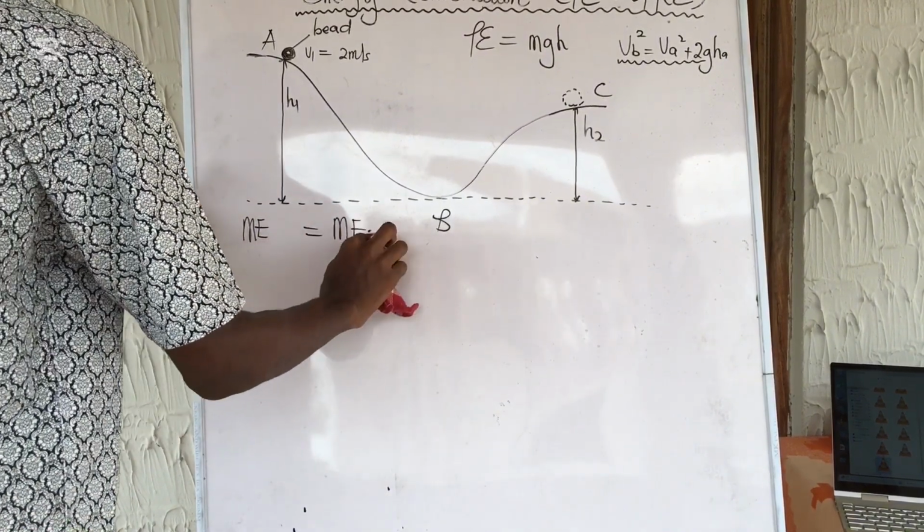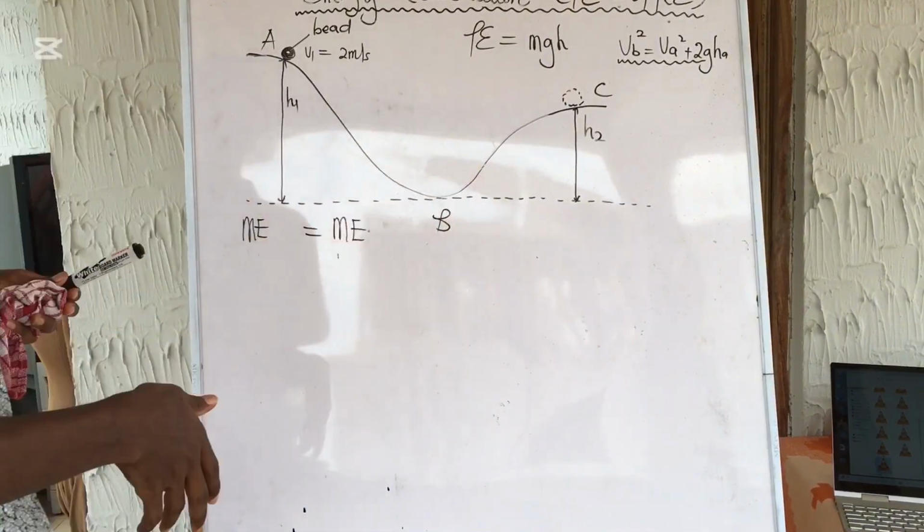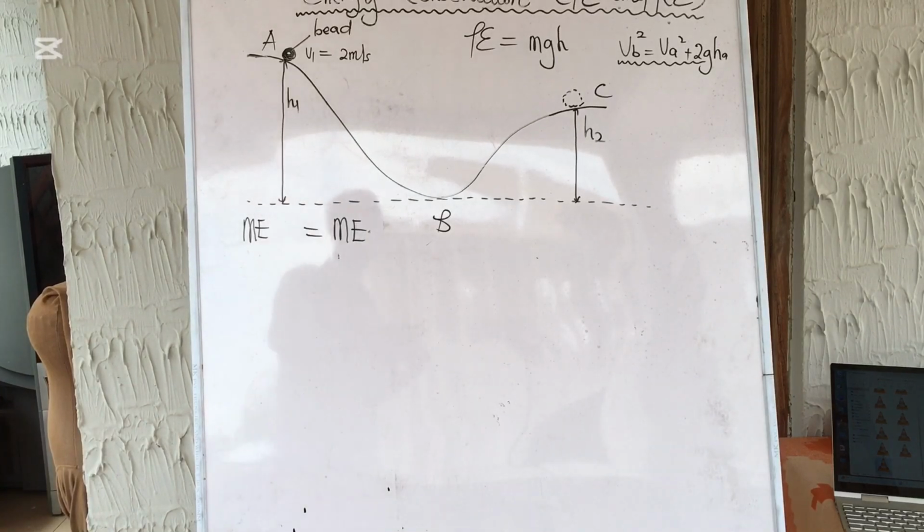Now let's clear it. At point B and point C, the mechanical energy is still the same. Energy can neither be created nor destroyed.